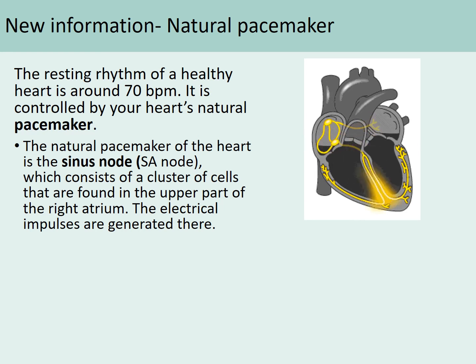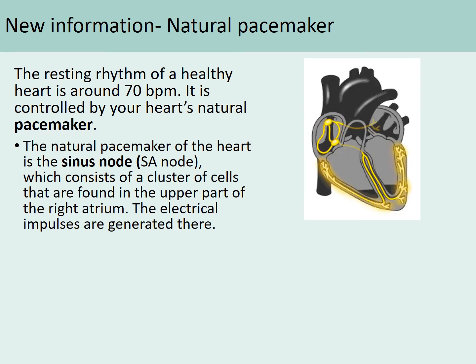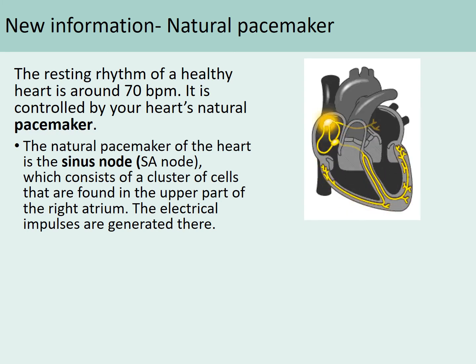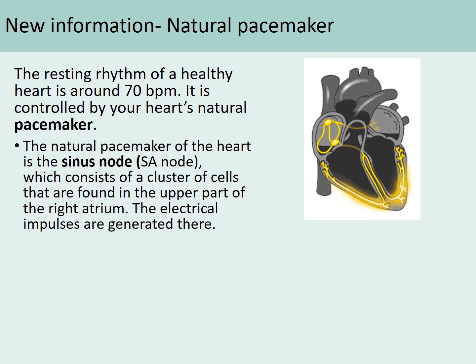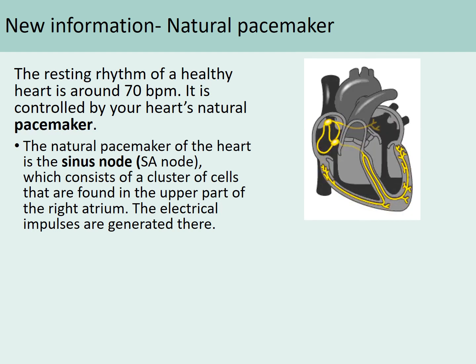And you have got two main parts where these nerves are found. You've got the sinus node or the SA node, and that's the bit towards the top on the left-hand side. And it's a cluster of cells that are connected to those nerves, and it's what generates the electrical impulses.